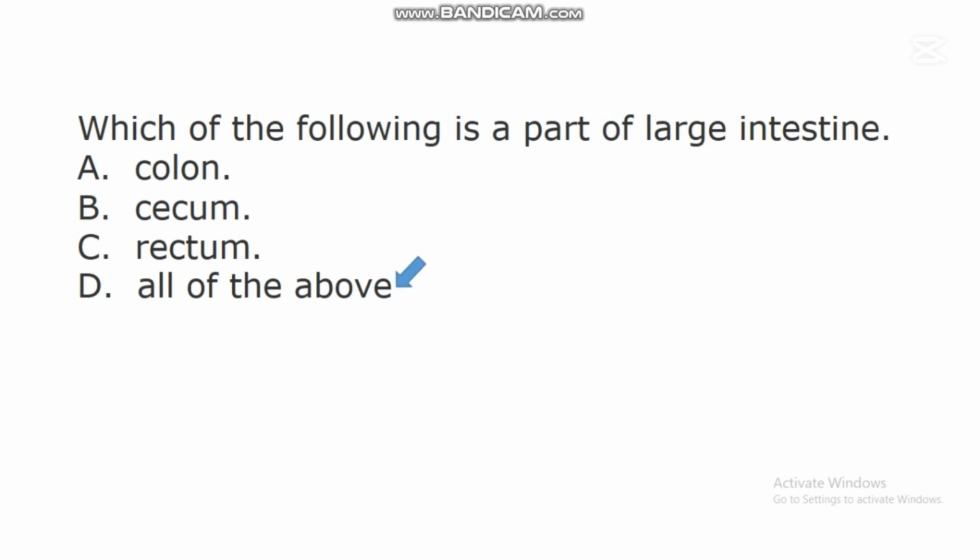There are different parts of the large intestine. We have a part known as the colon, a part known as the caecum, and another part known as the rectum. All these options are various parts of the large intestine. Each of these parts has a role it plays in ensuring that the large intestine functions very effectively.